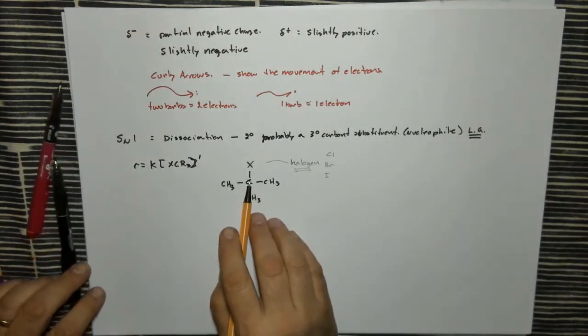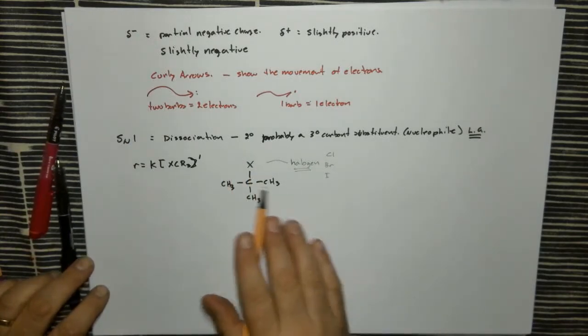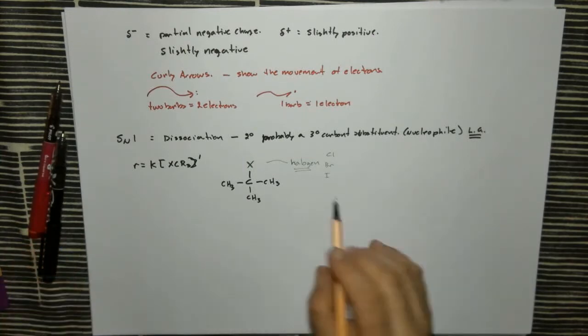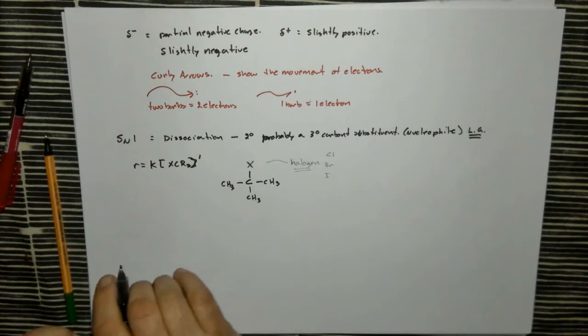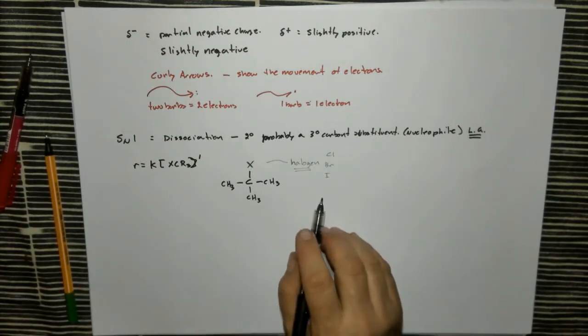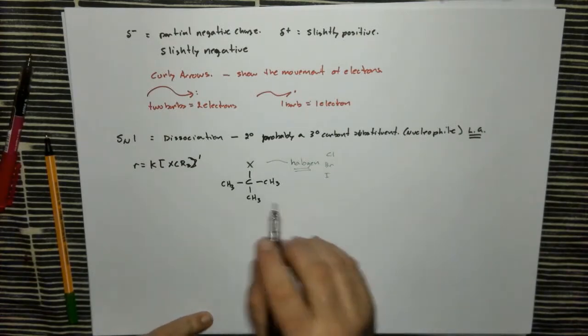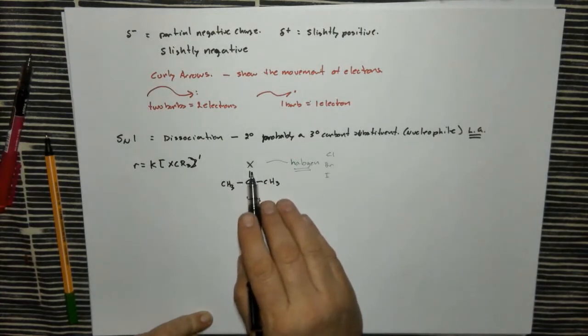It does not have to be a halogen, but for educational purposes we're just going to use halogens because they're straightforward and you don't have to draw lots of complicated structures in order to keep track of them. So what we're expecting is for this halogen to come off.